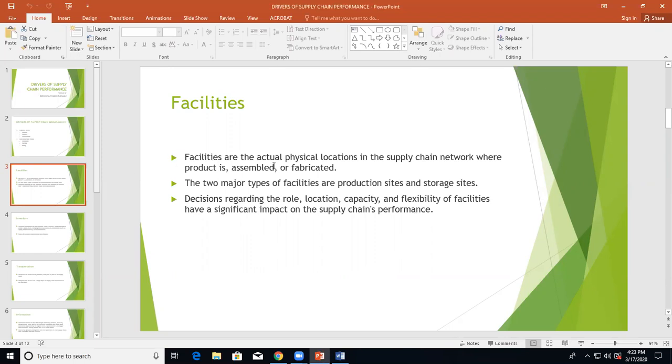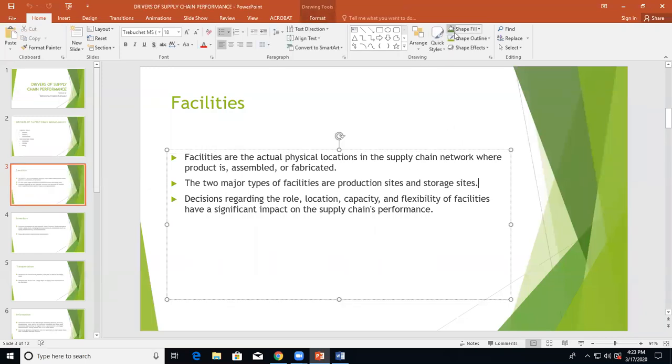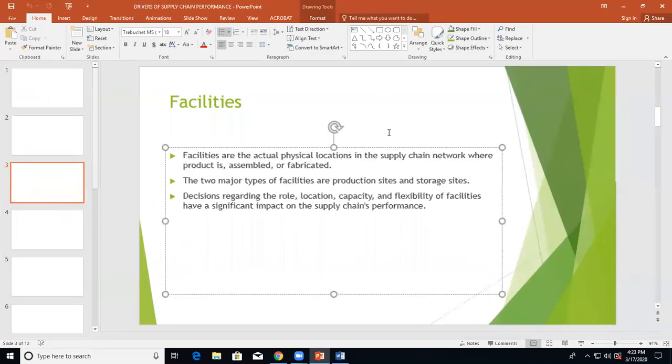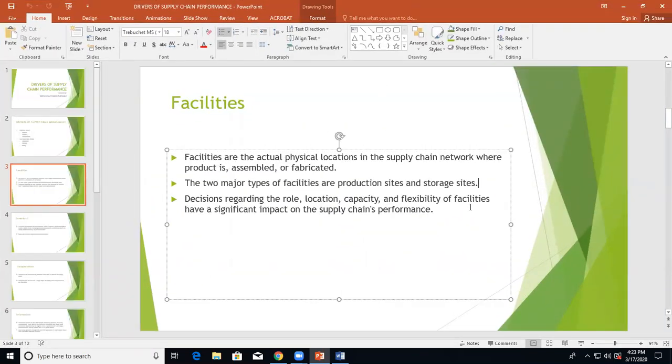Facilities are the actual physical locations in the supply chain network. It is the physical location in the supply chain where the product is assembled or fabricated, stored. Everything will be counted over here. There are two major types of facilities: production sites and storage sites, as I already discussed before.